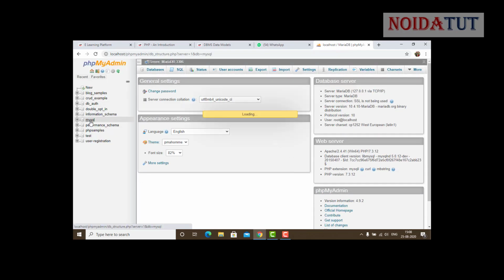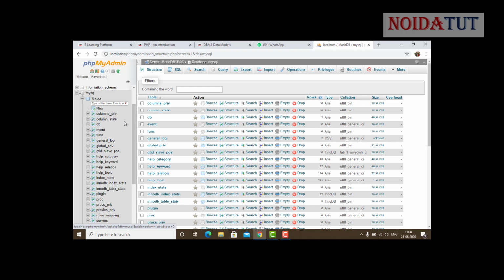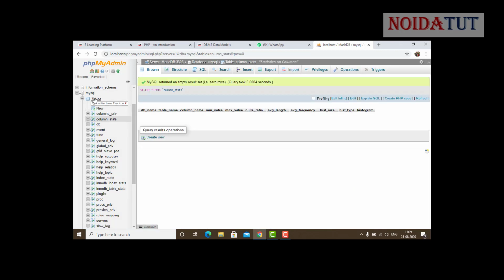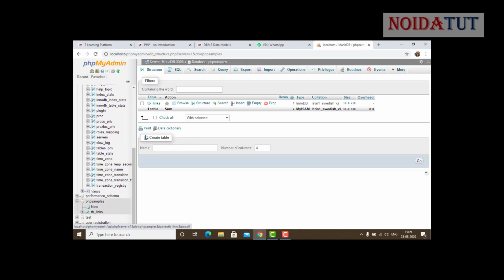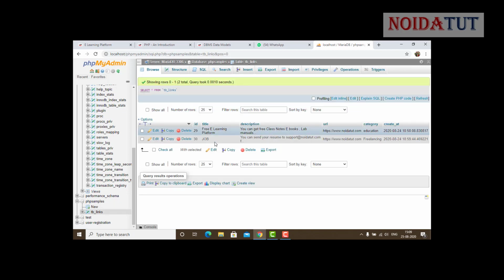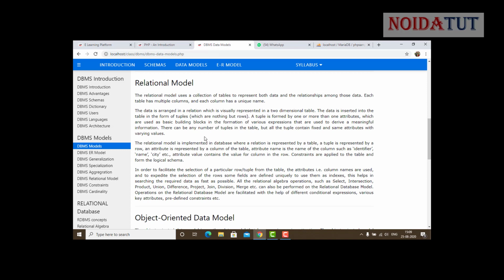Now let us have a look at a single database. This is a database, and if we are talking about a single table, the table is empty. This is a normal table which we see. Now, what happens when we talk about the relational model? It is a collection of tables that represent both data and the relationships among those data.